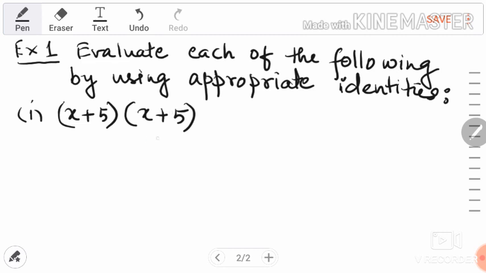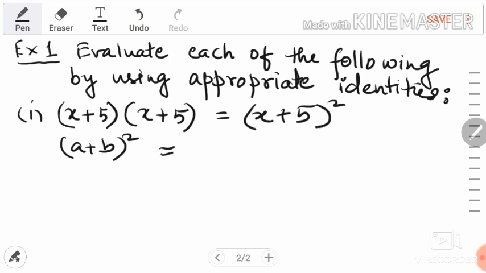Two factors are given. We have to multiply and write down the expanded form. So which identity is this? A plus b the whole square, because this can be written as x plus 5 the whole square. So a plus b the whole square is a square plus 2ab plus b square.